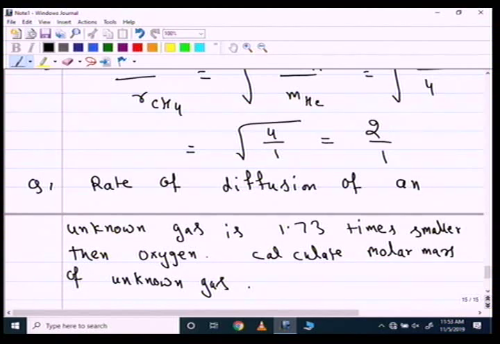Who got this answer? Okay. Balajit, Formwell. What about others? What do you get?